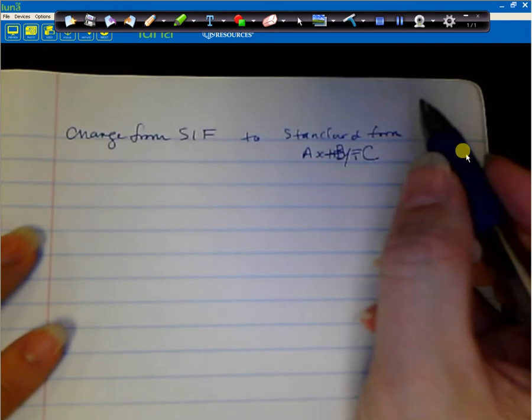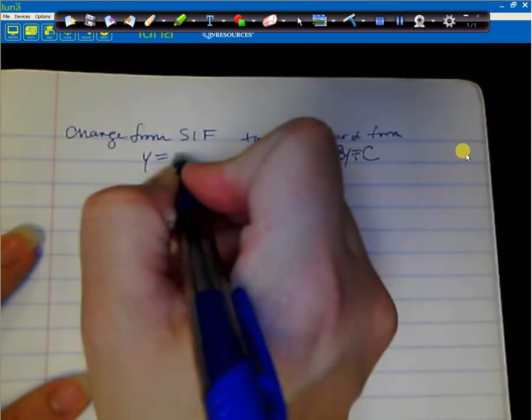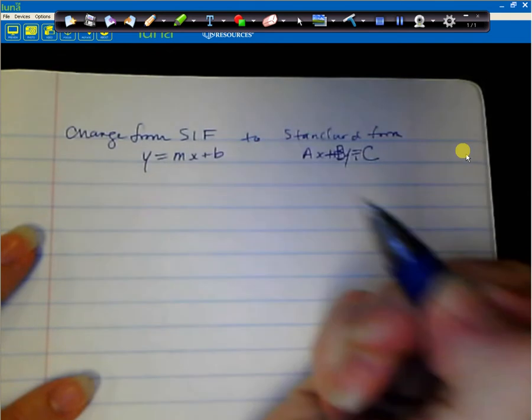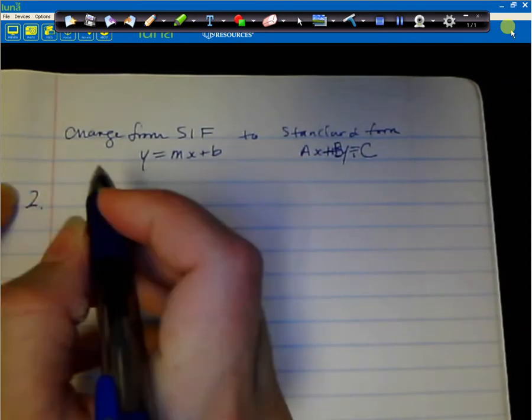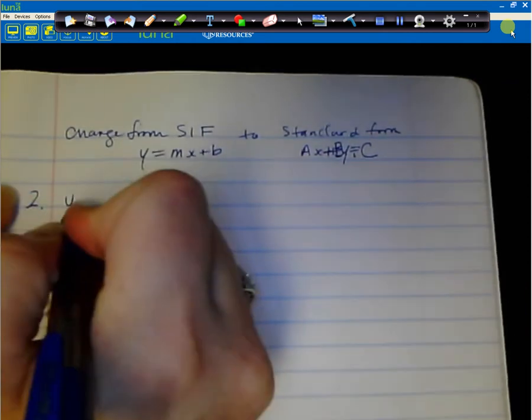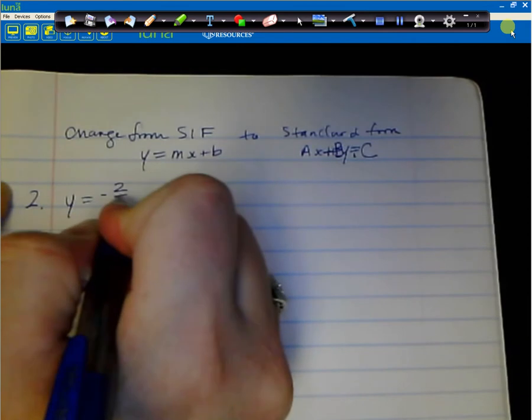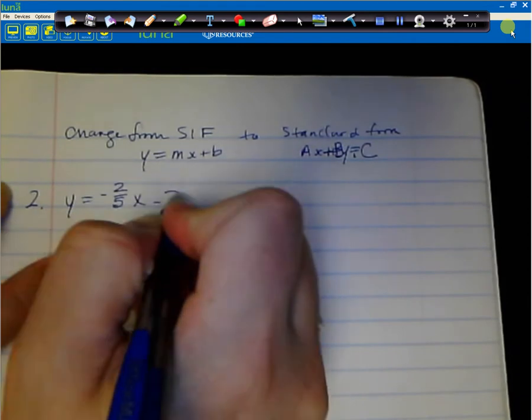AX plus BY equals C, and again, slope-intercept form is Y equals MX plus B. All right, the problem for number 2 is Y equals negative 2/5 X minus 3.